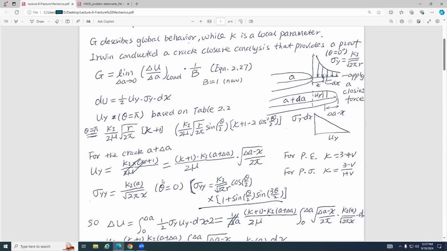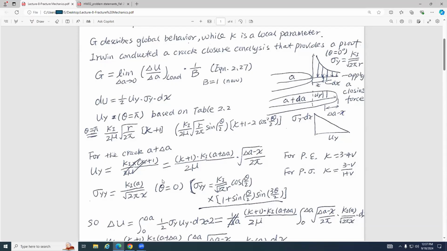But I just deleted this B because B equals 1. You understand, guys? Actually, I should write capital B, but B equals 1, because B is in this direction, the thickness. So the force multiplied by the displacement. You see the displacement from here to here.